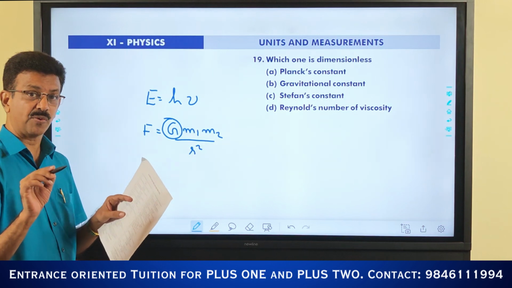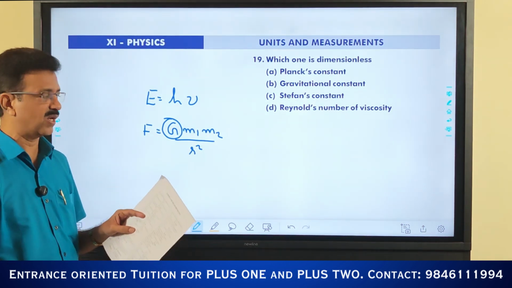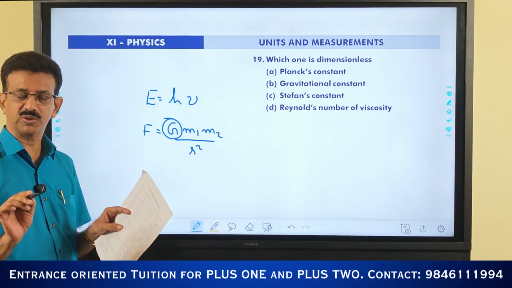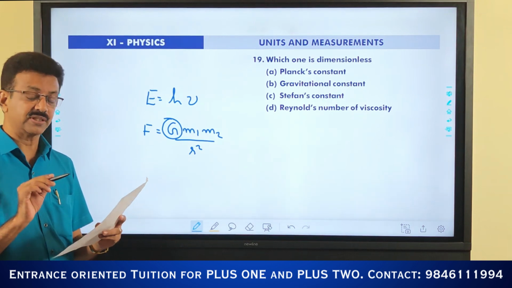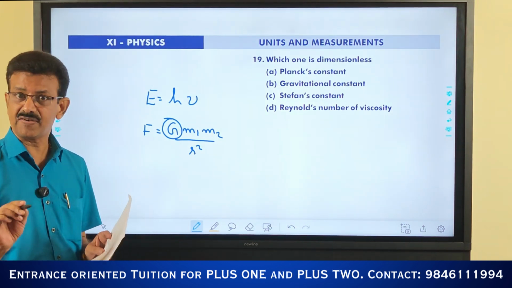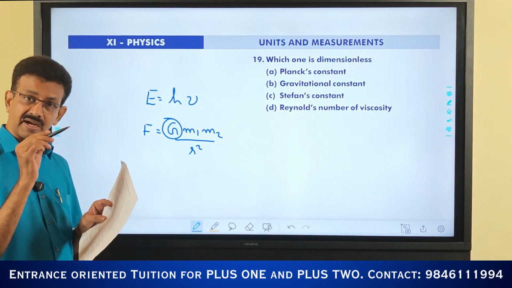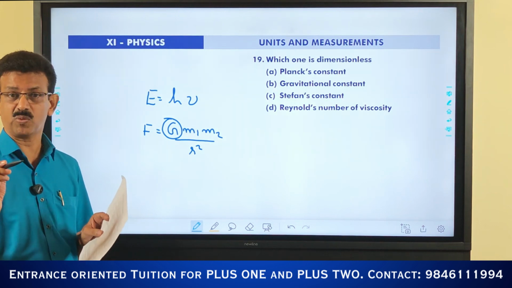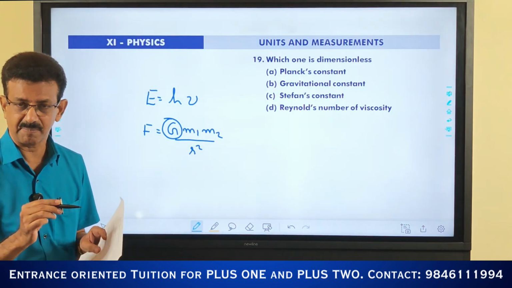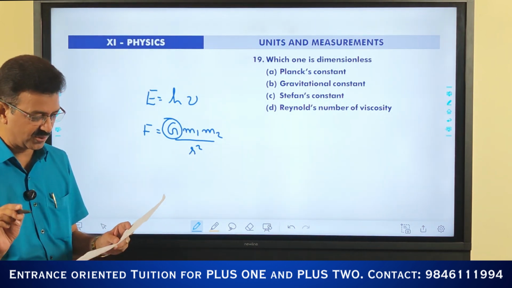Its value is 6.67 into 10 raised to minus 11 Newton meter square per kilogram square. It has also both dimensions and units. Next choice is Stefan's constant. We have already mentioned Stefan's law. The radiant emittance of a perfectly black body is proportional to the fourth power of the absolute temperature. And Stefan's constant also has a dimensional unit.